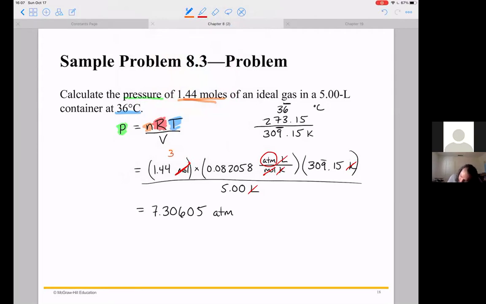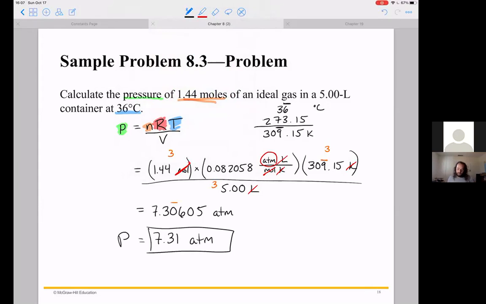I have 3. This, because I've marked that 9, this only has 3. And my volume has 3 as well. So that means that my final answer should be reported to 3 sig figs. So pressure is 7.31 atm.